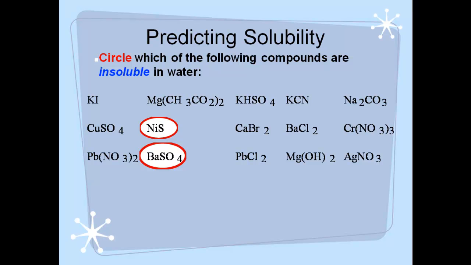Sulfate generally will dissolve, but when it's attached to barium, it is insoluble. Lead(II) chloride is also insoluble in water, as well as magnesium hydroxide. They will not dissolve in water. So hopefully you were able to use your solubility guidelines to identify these 4 compounds as insoluble.